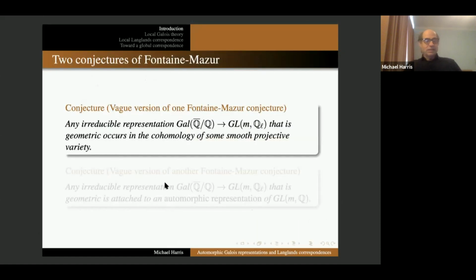Here is a conjecture. This is a very vague version of one of the Fontaine-Mazur conjectures, which motivates a great deal of research in algebraic number theory. Any homomorphism, any n-dimensional representation that is geometric, occurs in the cohomology of some smooth projective variety.